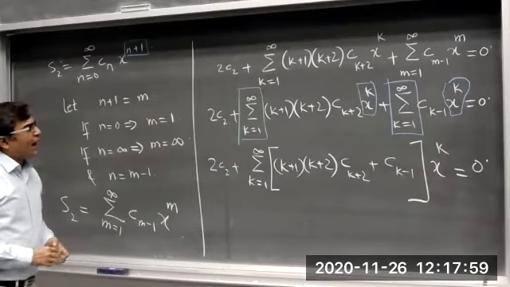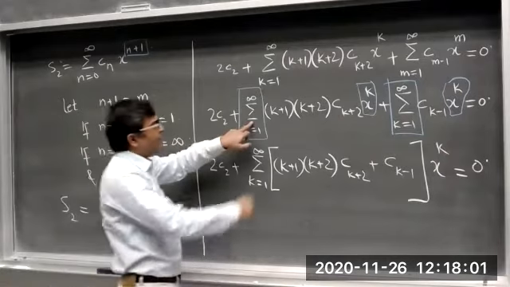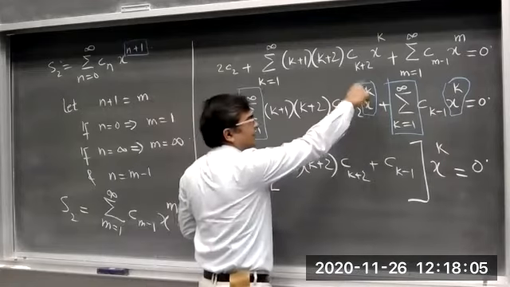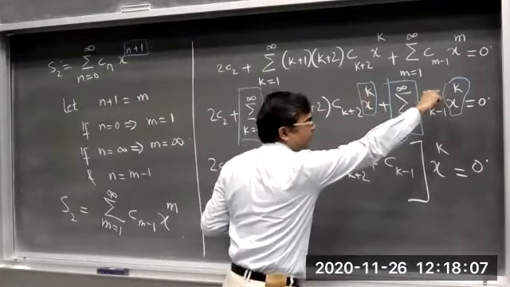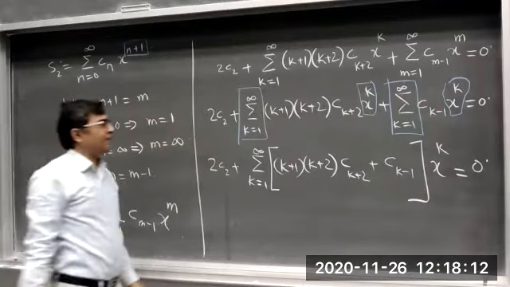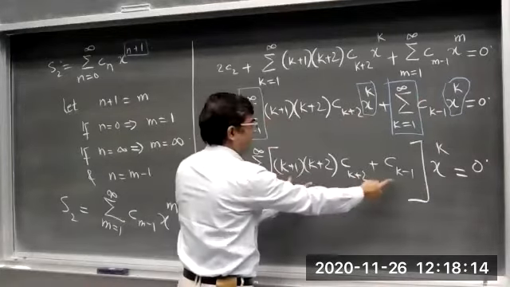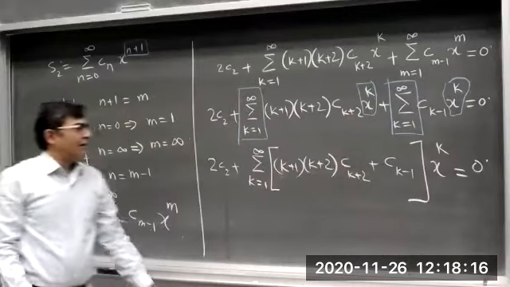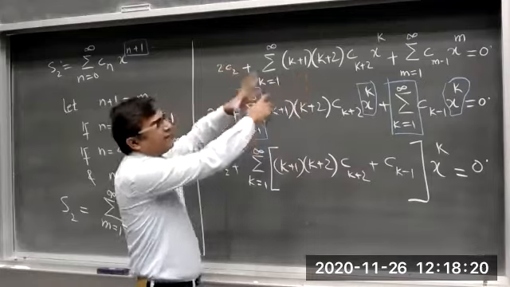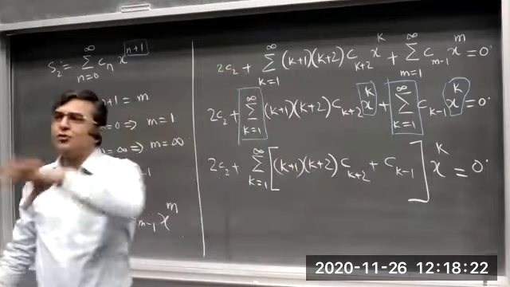What we have done here is taken out the summation term and x power k, and the remaining terms are written inside this bracket. We have combined the two series into a single series.